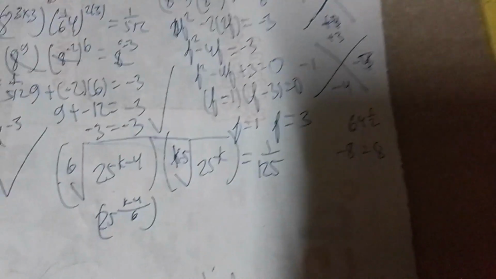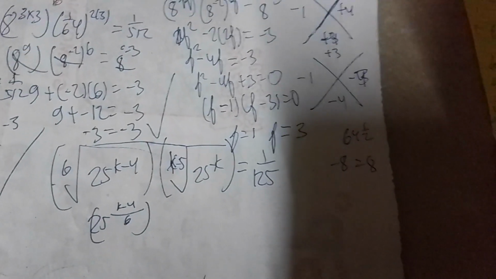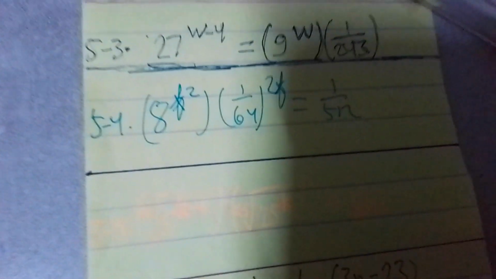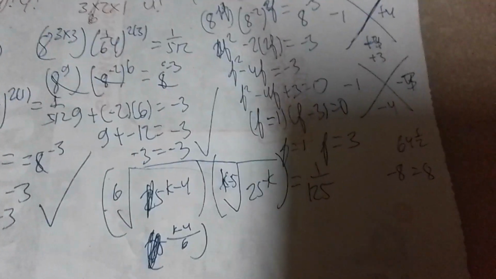That's the exponent. And then for the second one, oh, it's 5 actually, not 25, sorry. So that's 5 raised to the k minus 4 divided by 6 power.